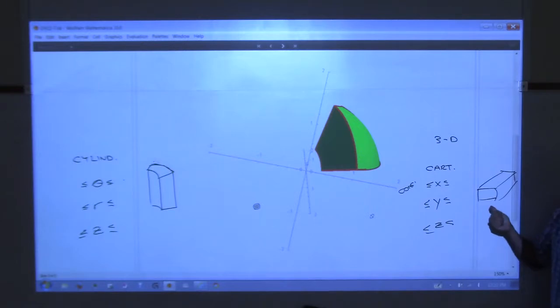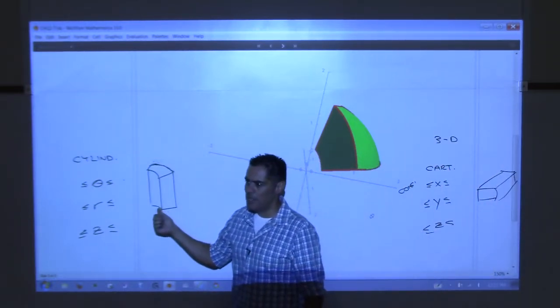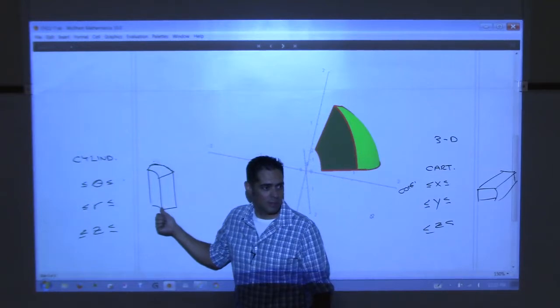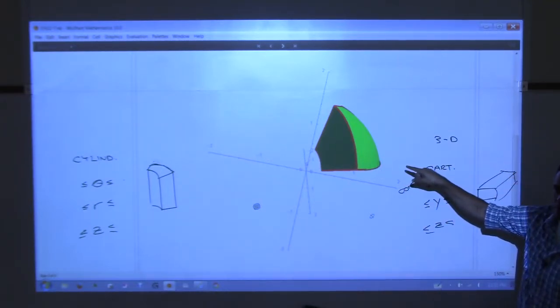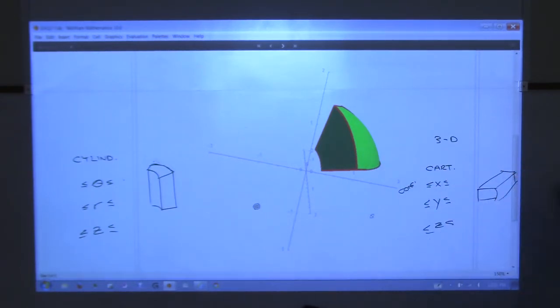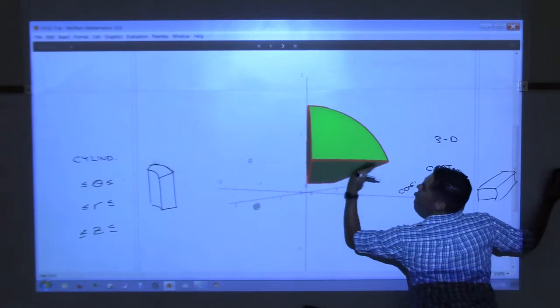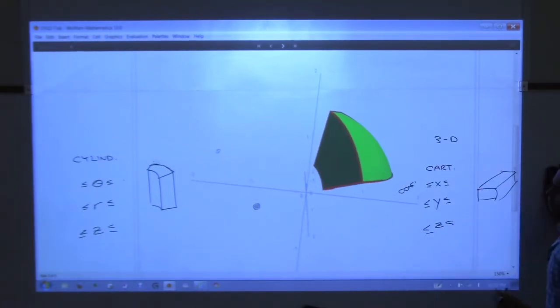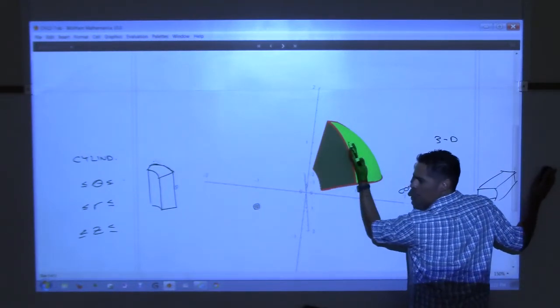So in 3D, this is a Cartesian box. All variables between two constants. In cylindrical, this is a cylindrical box. And in spherical, this is a spherical box. Because your theta's between two constants, your phi is between two constants, and your radius is between two constants.